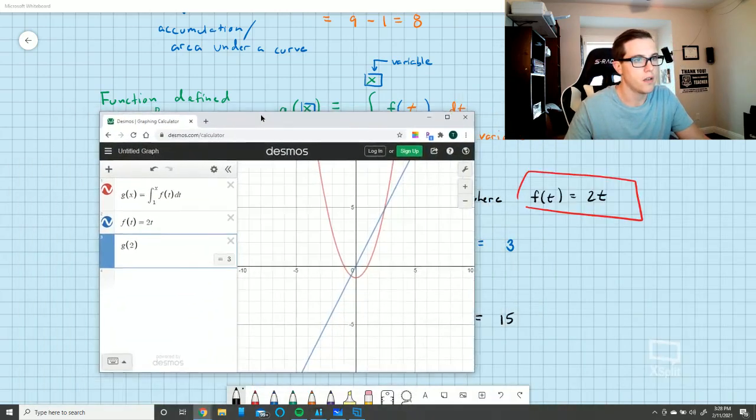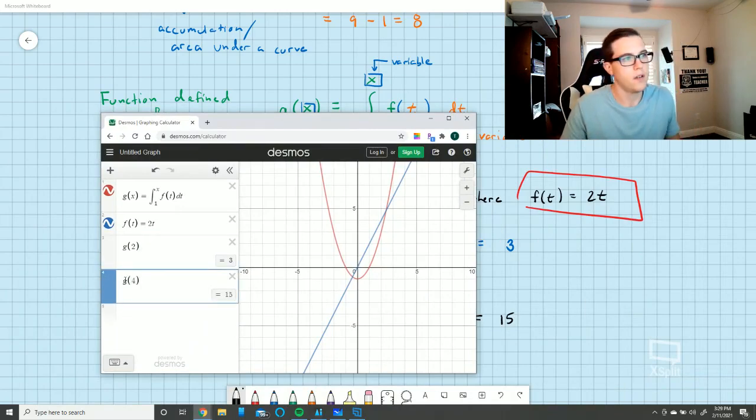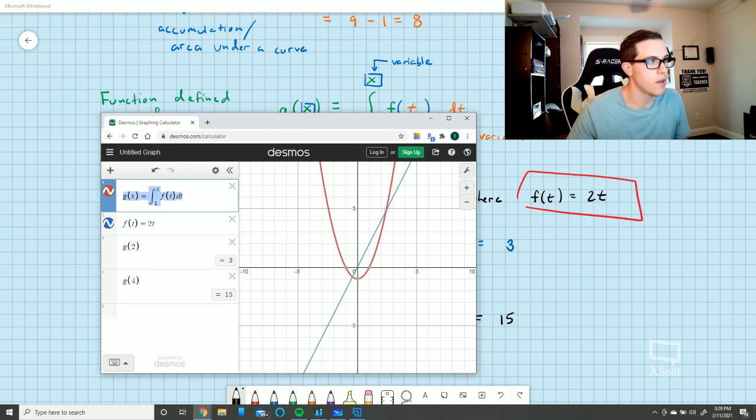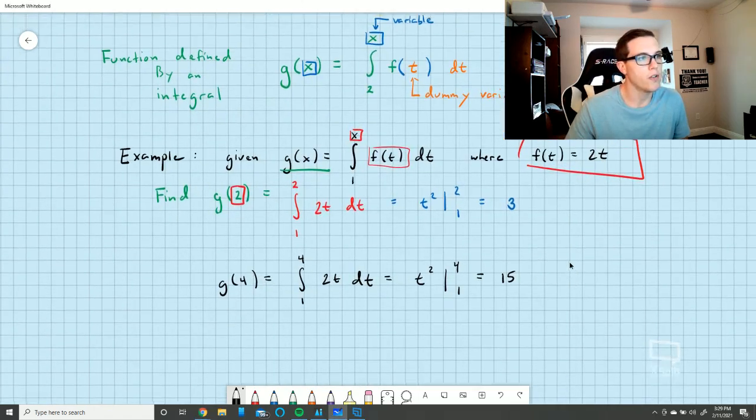We did. And I can get our g of 4 value. So Desmos can handle these types of accumulation functions. That's another name for it: an accumulation function or a function defined by an integral. These are going to start to play a major role when we get into the newer FRQs. But that's basically it.